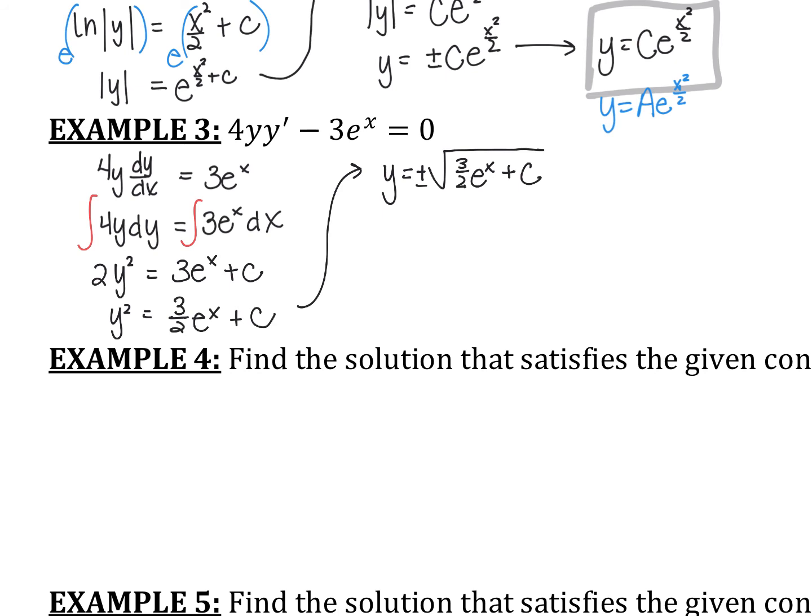It cannot be absorbed by that plus c, nor can we pull that plus c out because it is underneath the radical, and I would need to deal with the 3/2 e to the x plus the c before taking the square root. Now the plus and minus will come into play on this next example when we have an initial value and we have to determine whether it's supposed to be positive or negative based on that. But this is an answer. Now, did any of you like any other answers better?